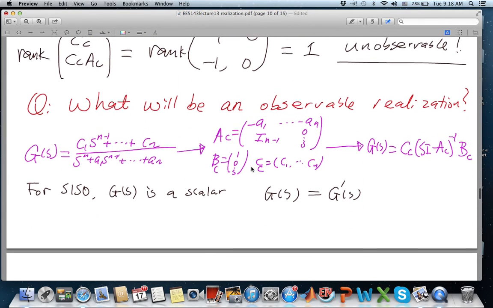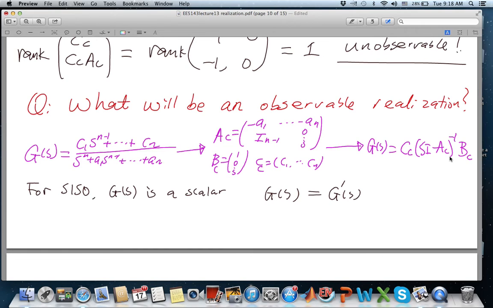So if we have the controllable realization as shown here, my AC, BC, CC will give me the transfer function here, which is going to be CC times (SI minus AC) inverse times BC.